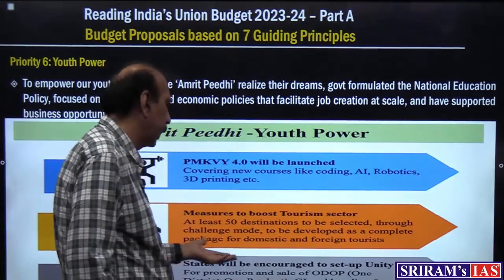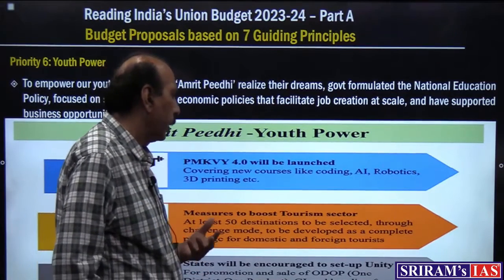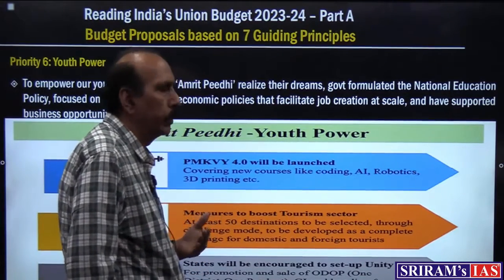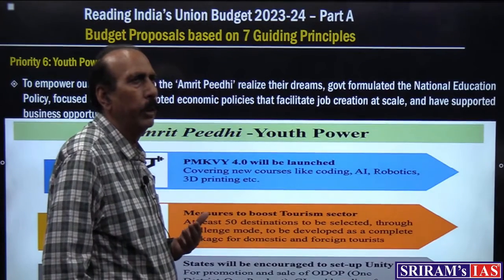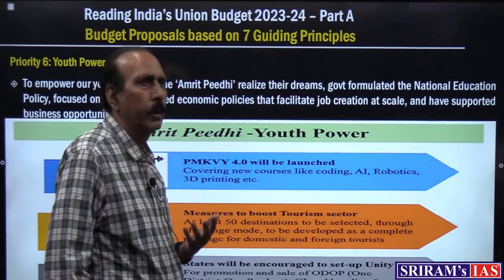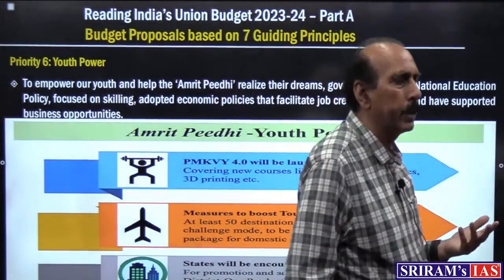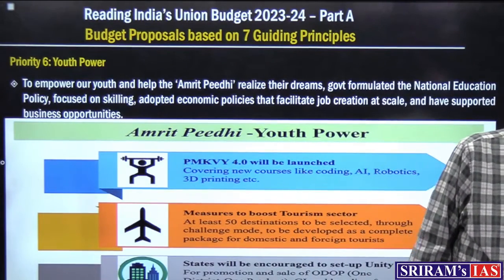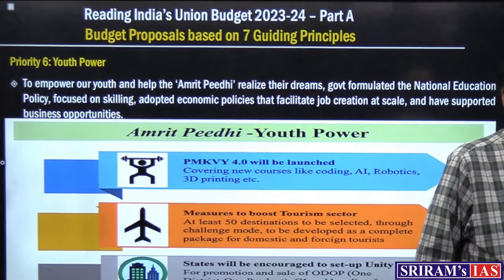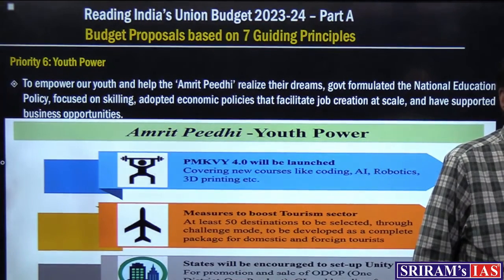Again, the states will have to be encouraged to set up the Unity Malls. Here the issue is that every state has one kind of specialization or the other. We have unity in diversity, and therefore the diversification in our culture and geography is our strength, and each state has some specificity in terms of products.